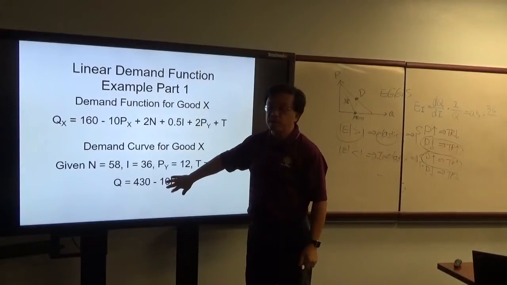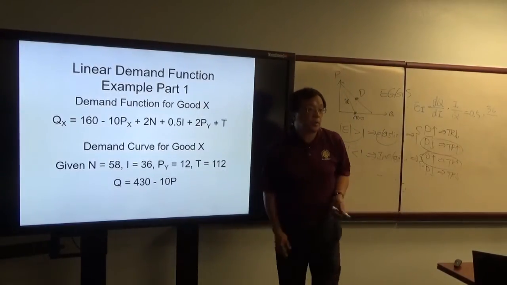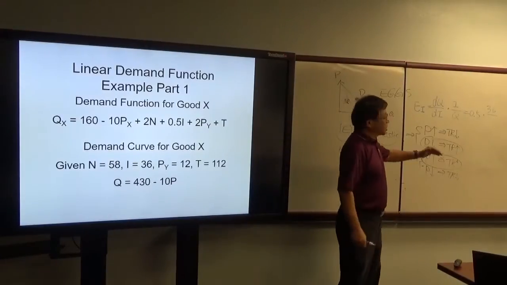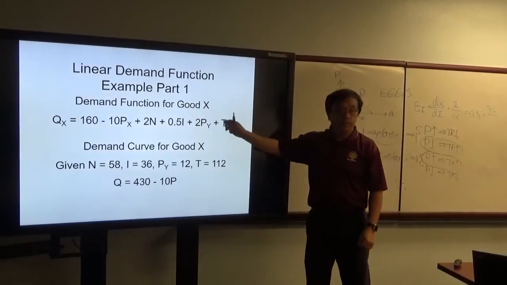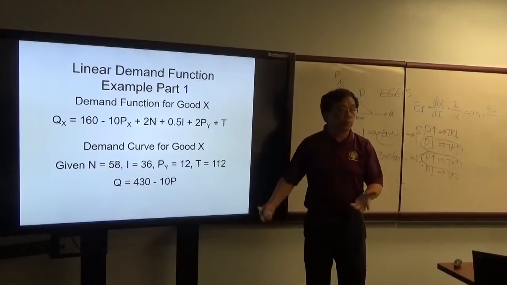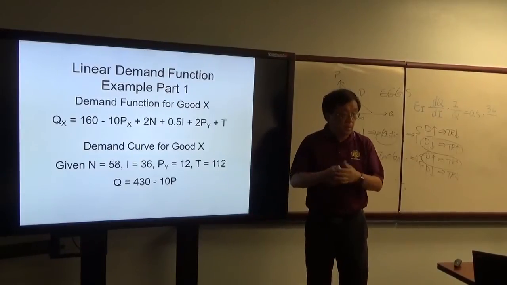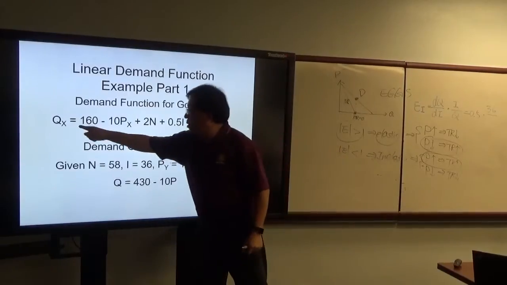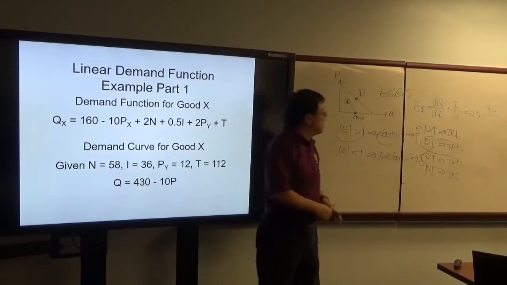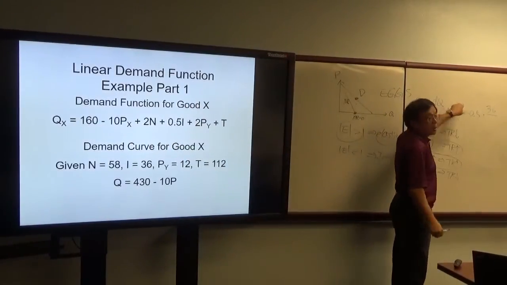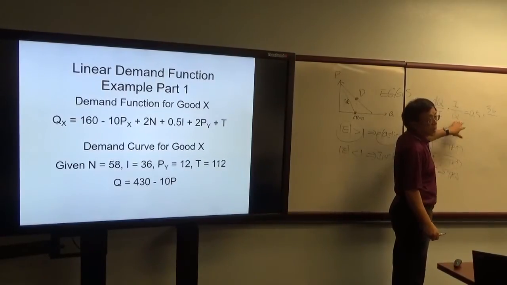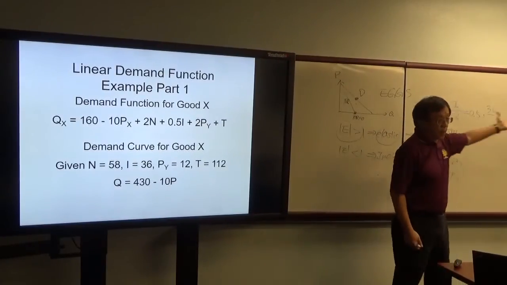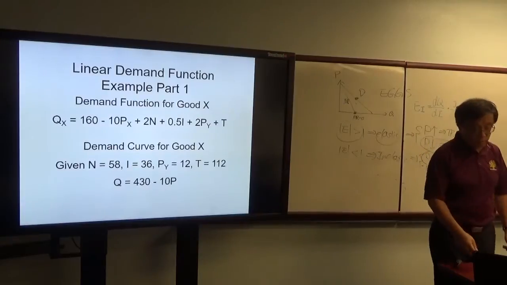If we know the price, then we can figure it out. Sometimes if I give you a function, students don't know how to find the income elasticity. It's very simple. You take the first derivative of quantity with respect to income, then times income divided by the quantity. That's all. Same thing for the price elastic demand. The approach is the same.